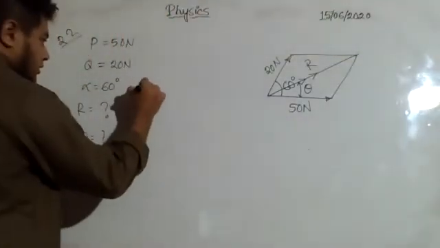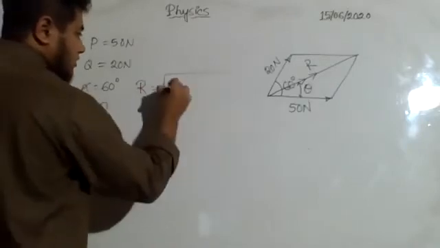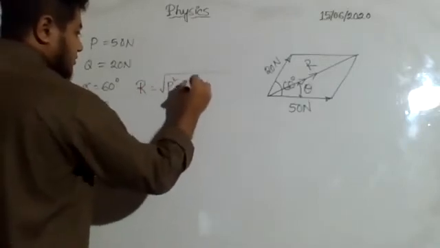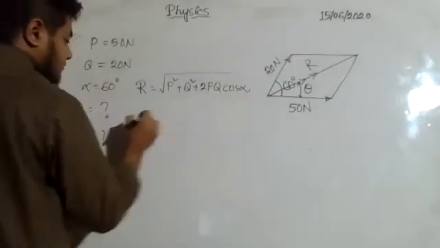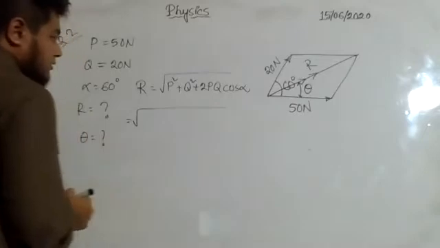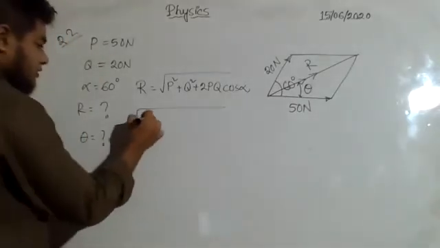No problem. R is equal to, we already know, square root of P square plus Q square plus 2PQ cos alpha. So P square means I will get 50 square.